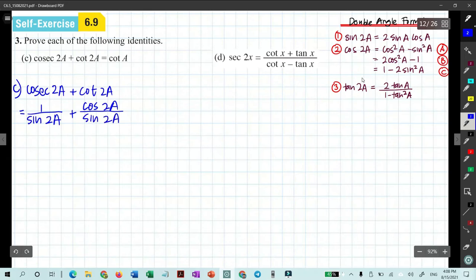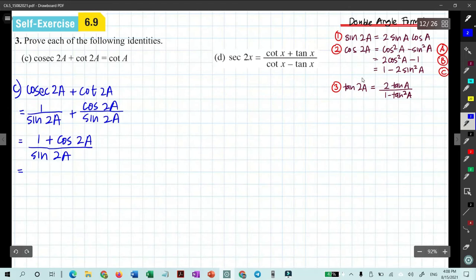Okay, so the denominator is actually common for both parts of the fraction, so we can make this 1 plus cos 2a over sine 2a.